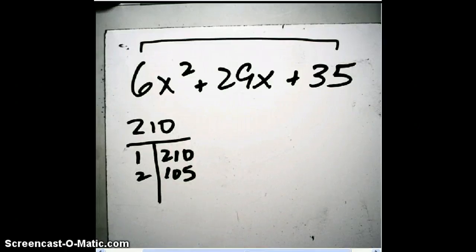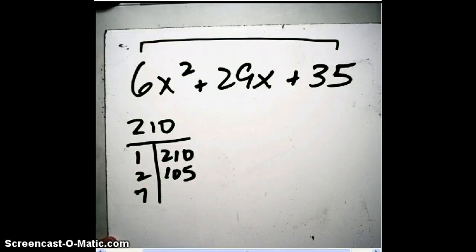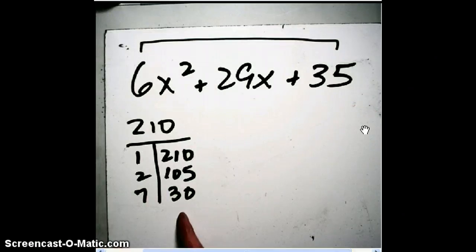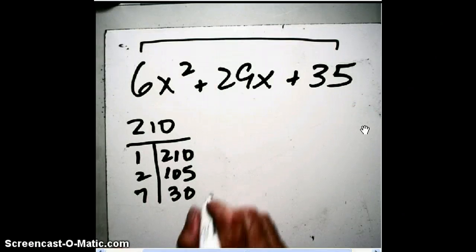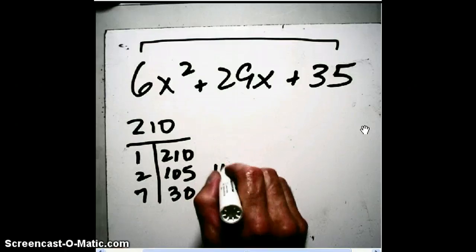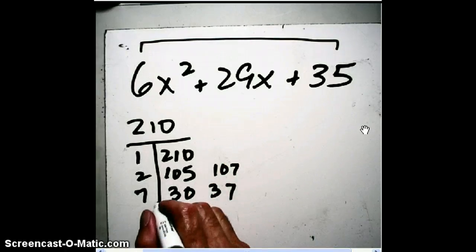All right, well, let's try 7. 7 goes into 210 30 times. Let's add those numbers together. Get 37. We want to try to get, here I got what, 107, right? We want 29.